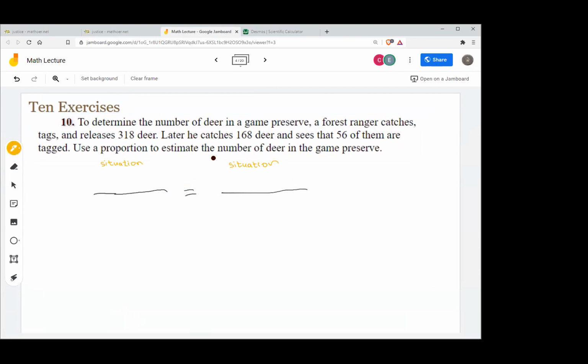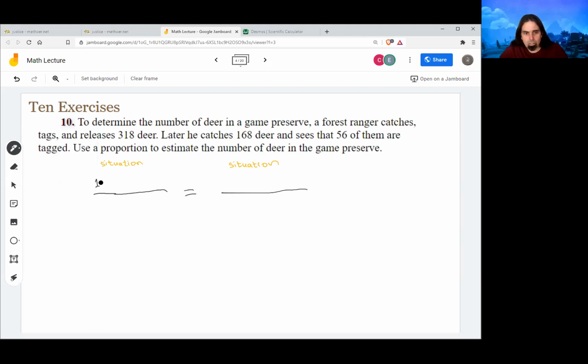I don't know if I did it right, but I did 168 deer over 56 tagged. So you did 168. And let me read it again for people that haven't caught up yet. So there's a deer in a game preserve. We're not sure how many.